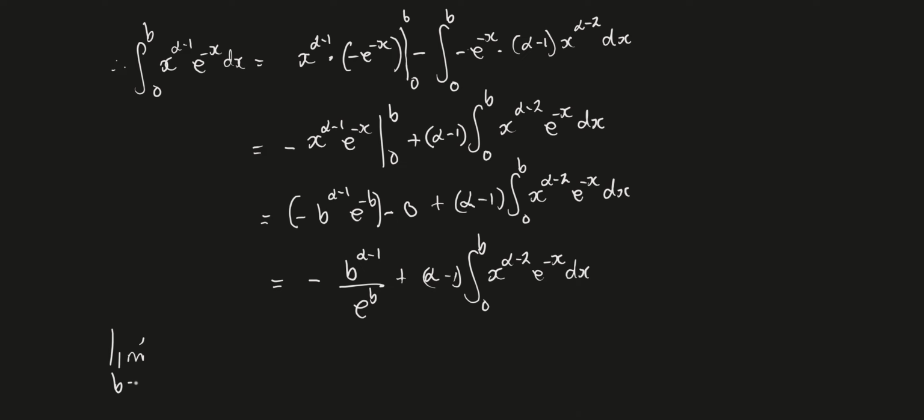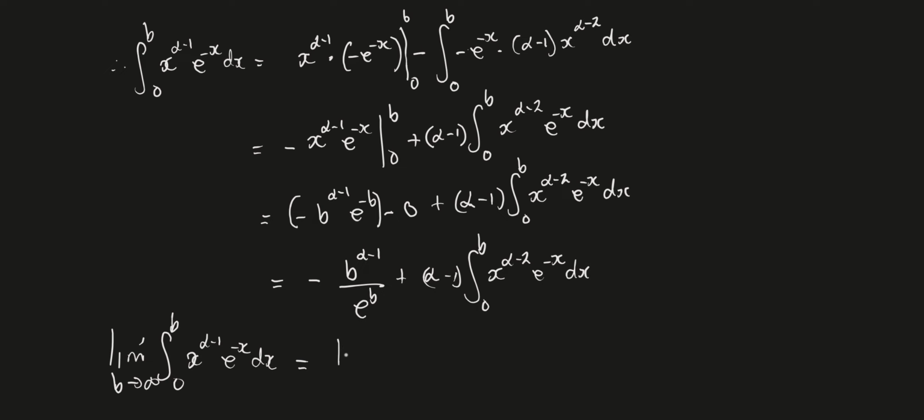So the limit as b goes to infinity, let's focus on this part. Well, actually, let me put the limit in front of everything here, right? So let me bring this term down. So we'll have this x to the alpha minus 1, e to the negative x dx, and then that would have to be equal to the limit of this.